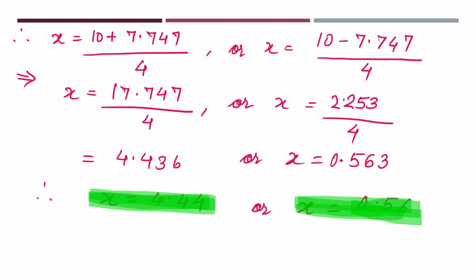Okay. x is equal to 4.436 or x is equal to 0.563. Since we have to give it till two decimal places, we will write the answer as x is equal to 4.44 and x is equal to 0.56. Okay, children.